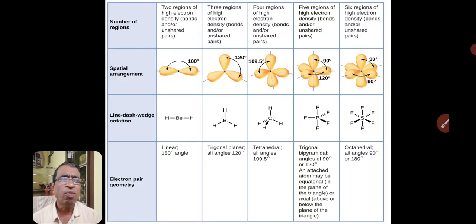And these are the various bond angles in the case of molecules. A linear geometry has 180 degrees, triangular geometry 120 degrees, tetrahedral geometry 109 degrees 28 minutes or 109.5 degrees, square planar gives two bond angles, 120 degrees and 90 degrees, octahedral gives 90 degrees, and there are various examples in these cases.